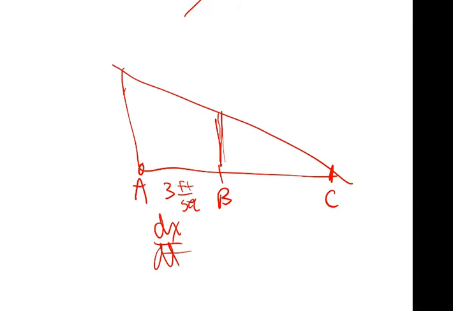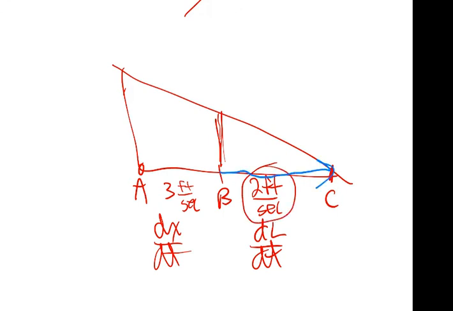And then B to C worked out to be 2 feet per second, and we're calling that dL by dt. So that answered part A. Part A said, how quickly is the shadow lengthening? Well, it's lengthening at a rate of 2 feet every second.